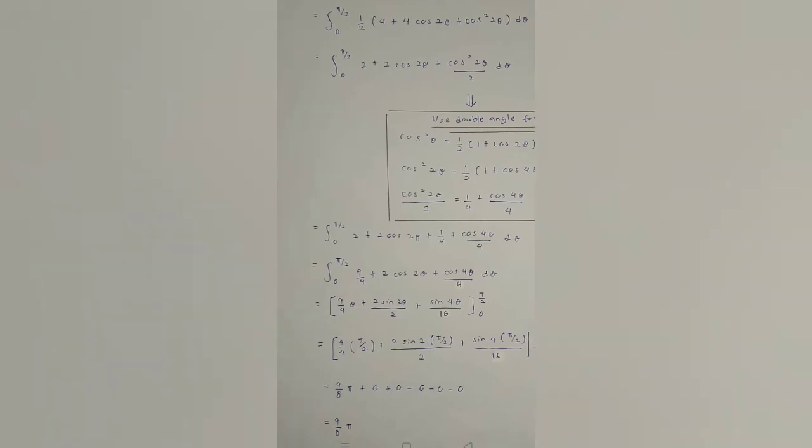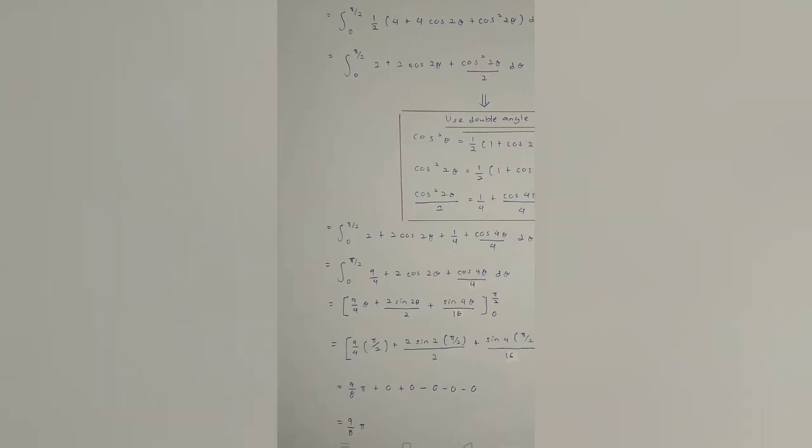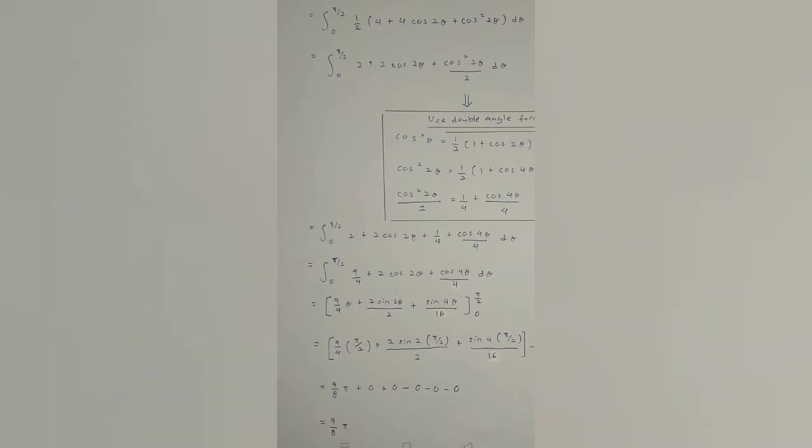And then we insert the value into the formula. Then we write it as area equals the integral from 0 to pi over 2 of 1 over 2 times (2 plus cos 2 theta) to the power of 2 d theta. And then we expand the equation with the power of 2.